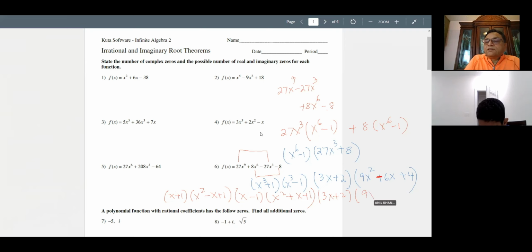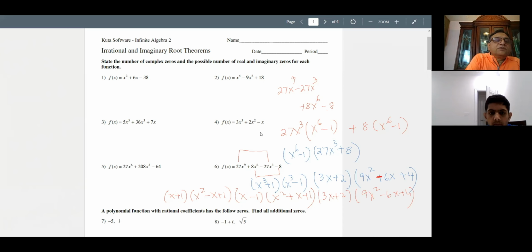Most probably, you can try the discriminant for that. Maybe 9x squared minus 6x plus 4 cannot be factored. Just to be sure, try the discriminant, otherwise you know it will be imaginary. b squared minus 4ac: b squared is 36, minus 4ac, it is negative, right? So it gives you imaginary roots.